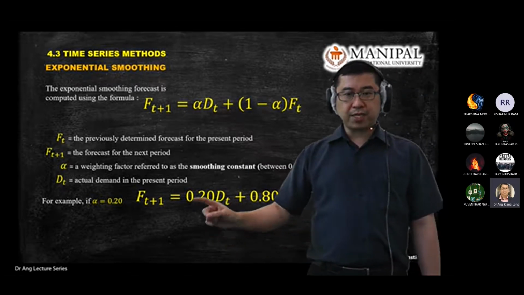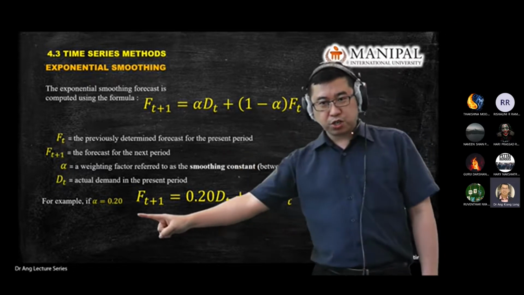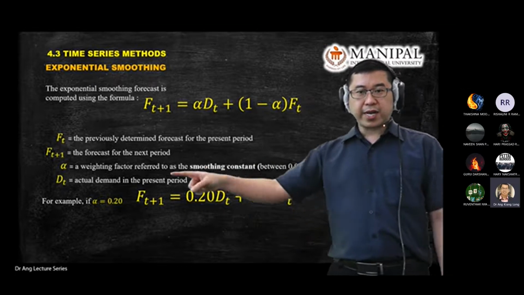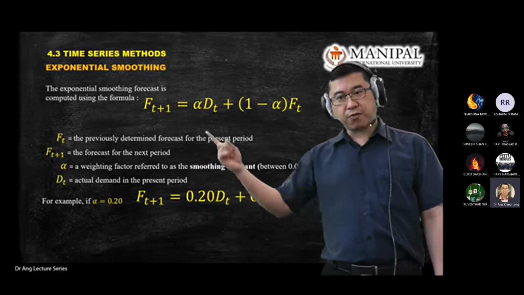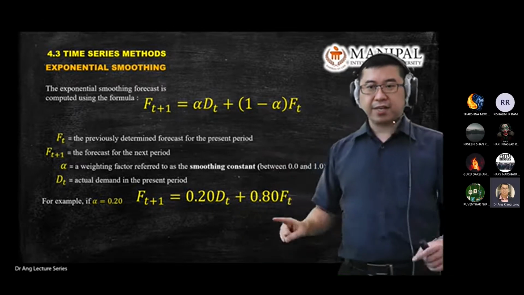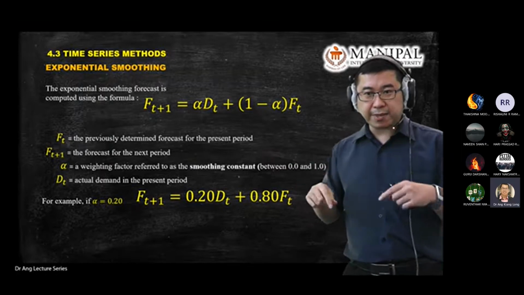What does it mean? To forecast for next month using a smoothing constant of 0.2 or 20%, how do you get the next month forecast? You use 20% of current demand plus 80% of your current month forecast.